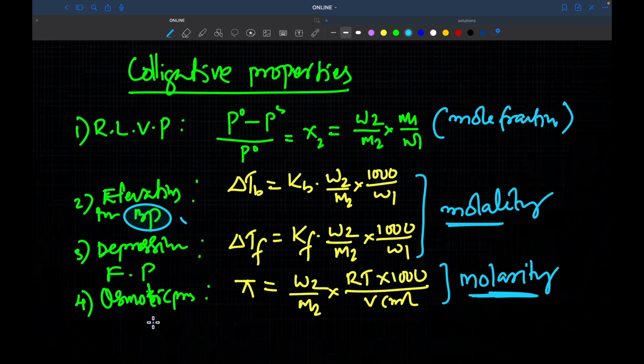In osmotic pressure, we use concentration because osmotic pressure changes according to temperature. If temperature changes, osmotic pressure also changes, so you have to include temperature, which is why we use molarity here. For RLVP we use mole fraction. Molality can also be used, but mole fraction is a bit easier. These are the four colligative properties you should be able to do.